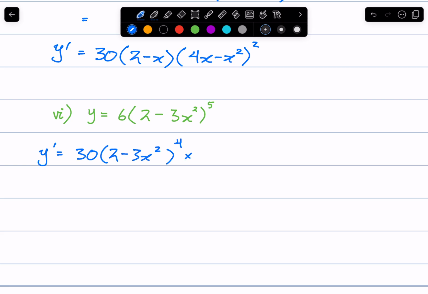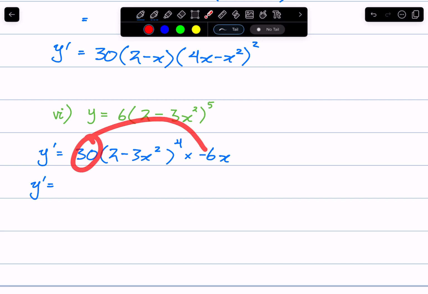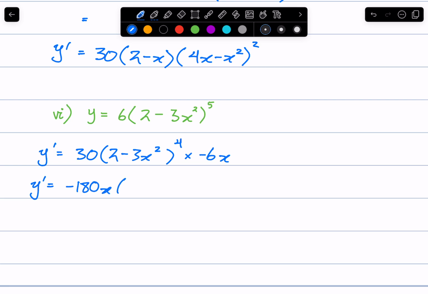And then we multiply by the derivative of the inside function. This gives us negative 6x. And this will give us y prime equals 30 times negative 6 is negative 180x times 2 minus 3x squared to the power of 4.